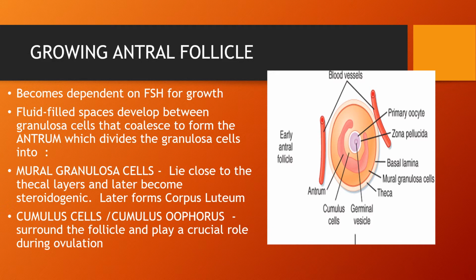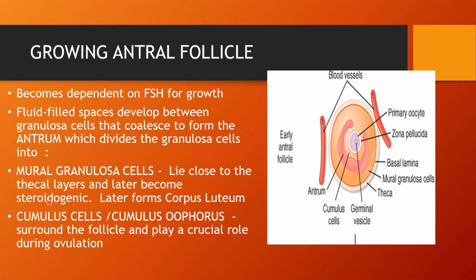So as a growing antral follicle becomes dependent on the FSH for growth, now there will be a fluid-filled space that develops within the granulosa cells that coalesce to form the antrum, which divides the granulosa cells into two.